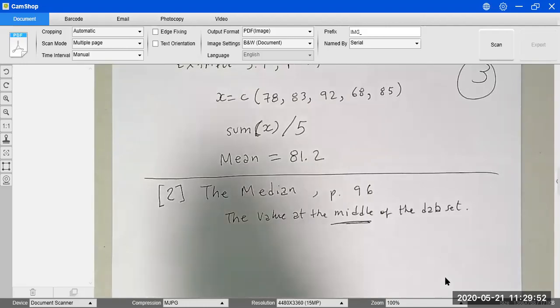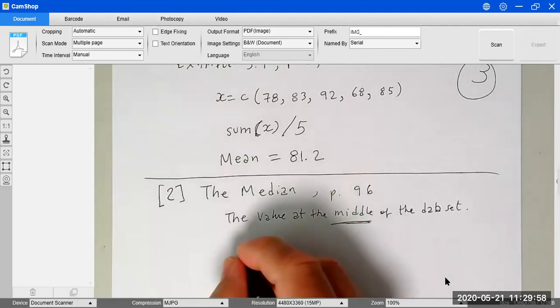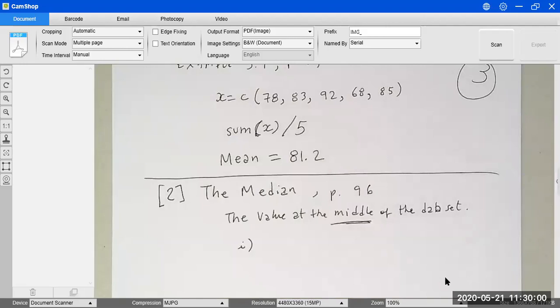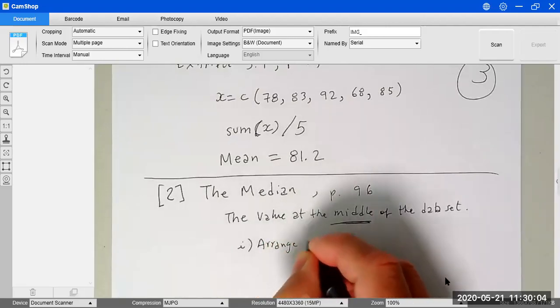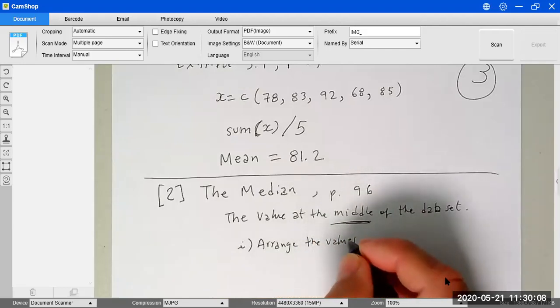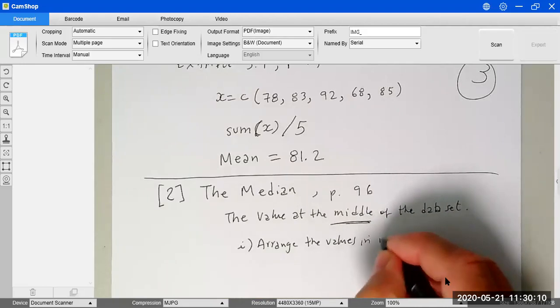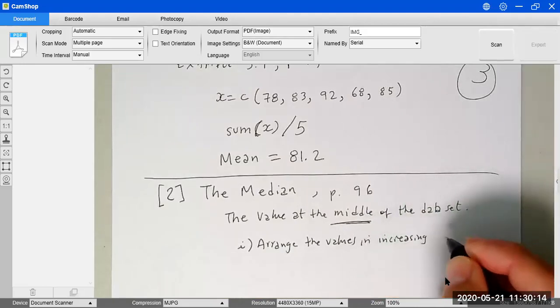So there is a procedure. The procedure is also on page 96. The procedure is very simple. The first step, you're going to arrange the data values in increasing order, or decreasing, it doesn't matter as long as the values are in order.